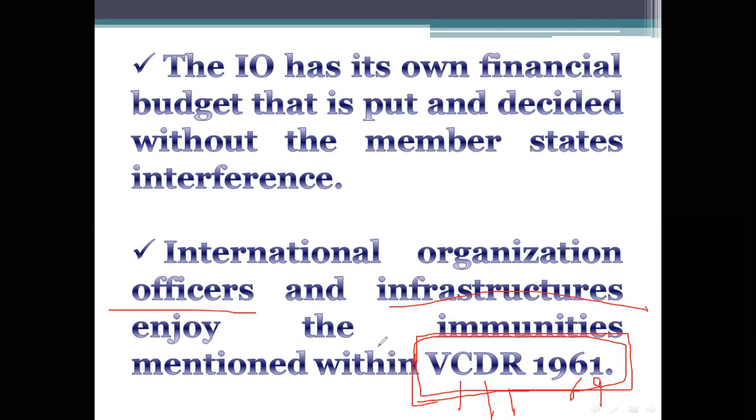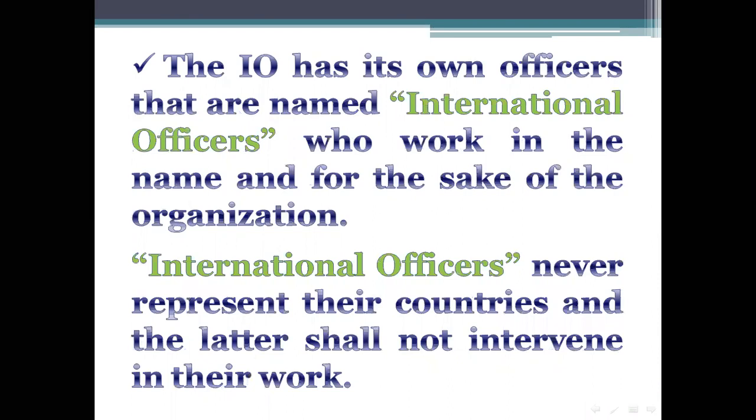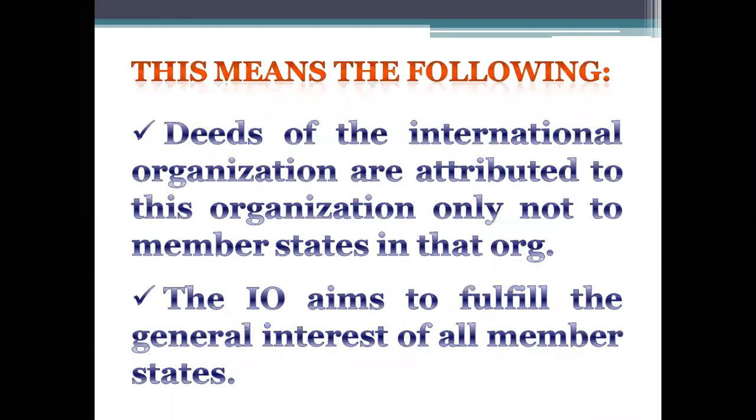So having the immunities means that the international organization also has the feature of an independent will, which is different from the wills of the states which constitute the international organization. This is one of the features, brothers, that distinguishes the international organization with a will completely separate from the will of the states forming it. So all these are features showing that the international organization has a will that is independent from the wills of the states which constitute it.